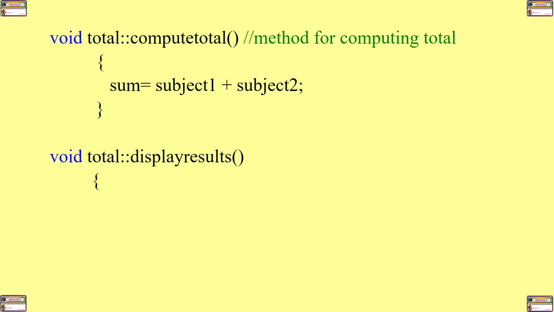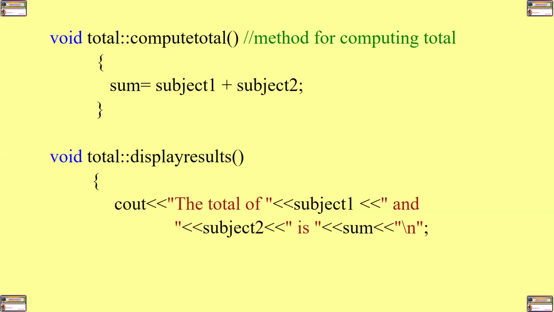This is the function. The function is called display results. Its scope is the class called total. Therefore, it will perform the following task.